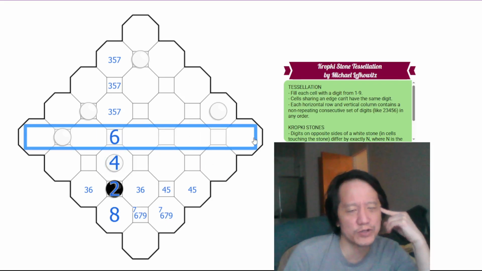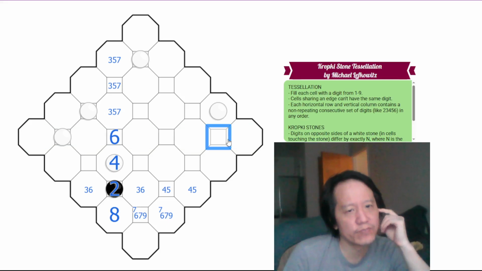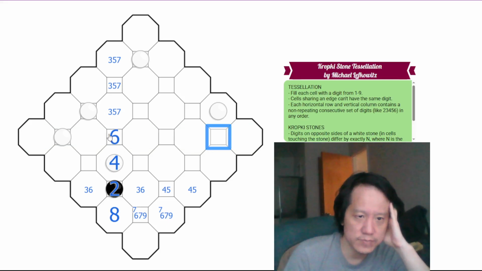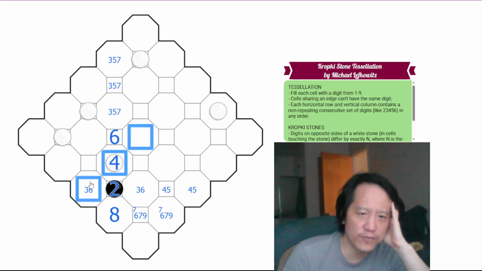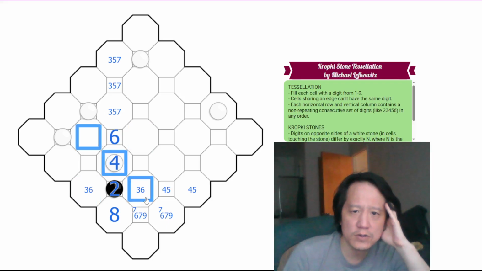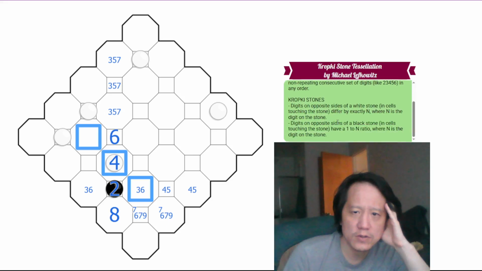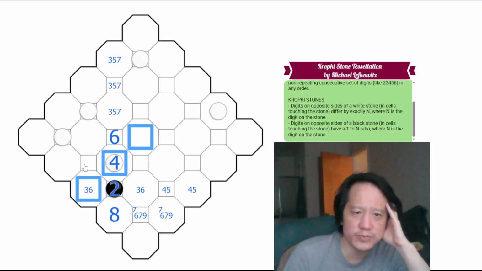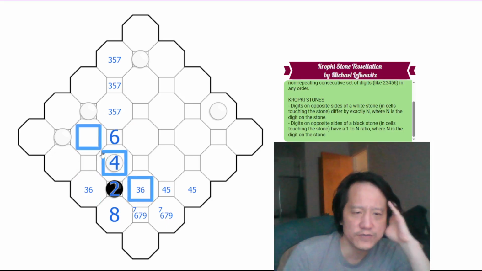These are the digits 1 through 9. Oh, there has to be a 4 difference across here, too. And then across here. Right. So it also has to be here and here is a difference of 4.